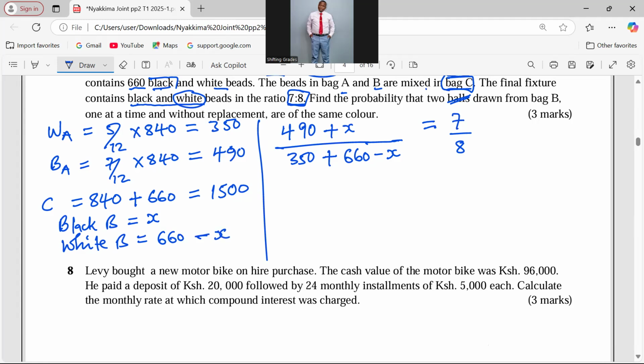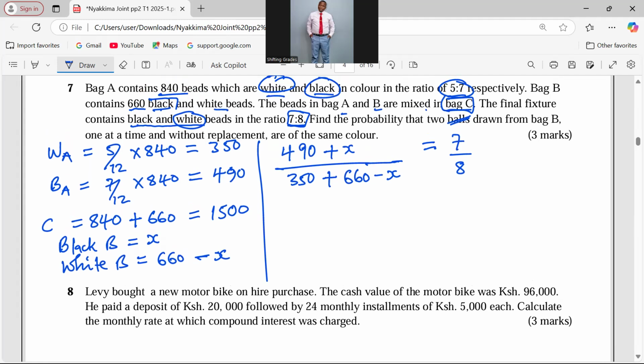In bag B, if we assume the black ones are X, then the white are the remainder. They are a total of 660 in bag B. Therefore, the balance is 660 minus X. Now we are putting all of them together in bag C, and the ratio becomes 7:8. And this ratio is of black to white.